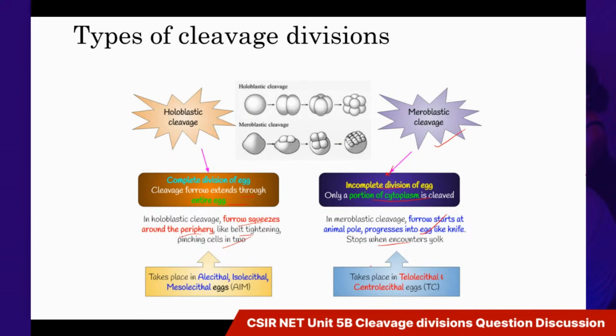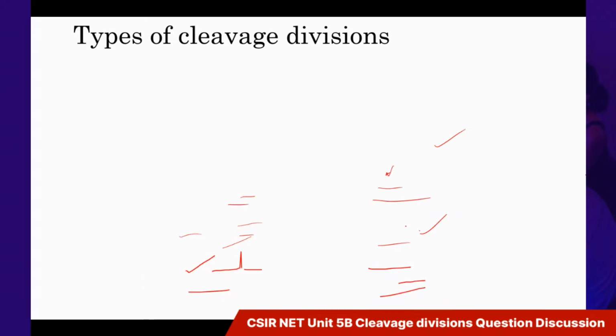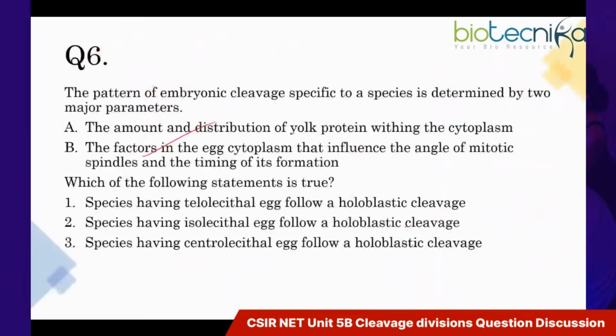Fine. So here I have given: this takes place in alecithal, isolecithal, and mesolecithal, and this takes place in telolecithal and centrolecithal. Now that I have explained to you, what will be the answer?